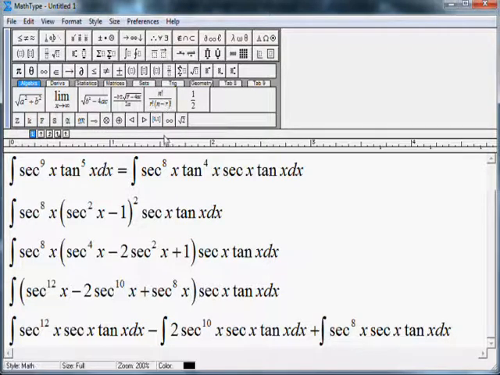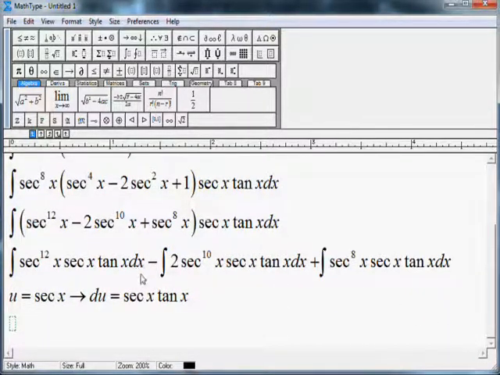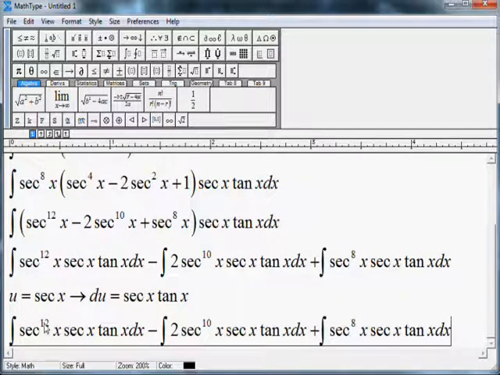Now, we're going to set our u equal to secant of x, and then our du, as everyone remembers, is secant tangent. That's the derivative of secant, secant tangent. And if you look in our above integrals, we have a secant tangent for every one, and we can use u substitution in all of them.